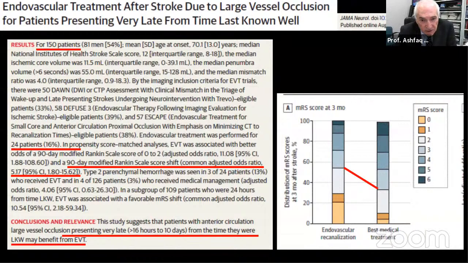If you open the vessel up, nearly 55% of the patients made a good recovery. So, you can go out to several days as long as you can show that there's a big mismatch.